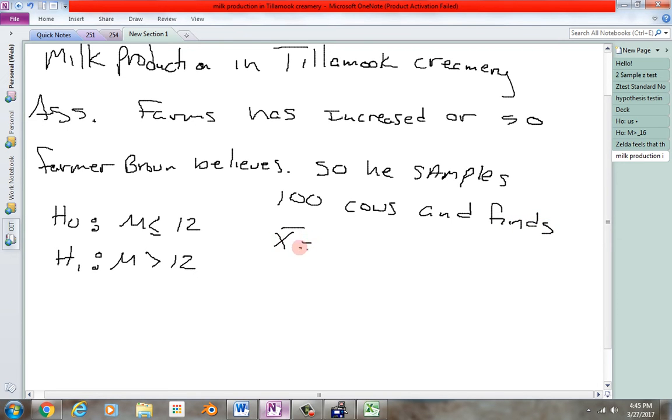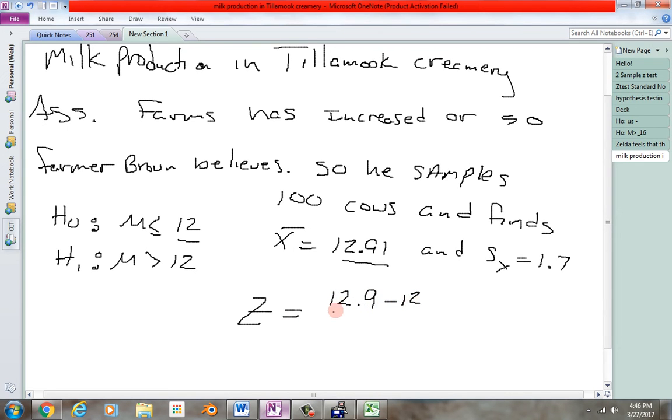X bar is 12.91, and Sx is 1.7. Notice that this is awfully close to this. I mean, it's teeny tiny, for God's sakes. There's hardly any difference at all. But wait. Remember, the central limit theorem says it's 12.91 minus 12, divided by 1.7 divided by the square root of 100.